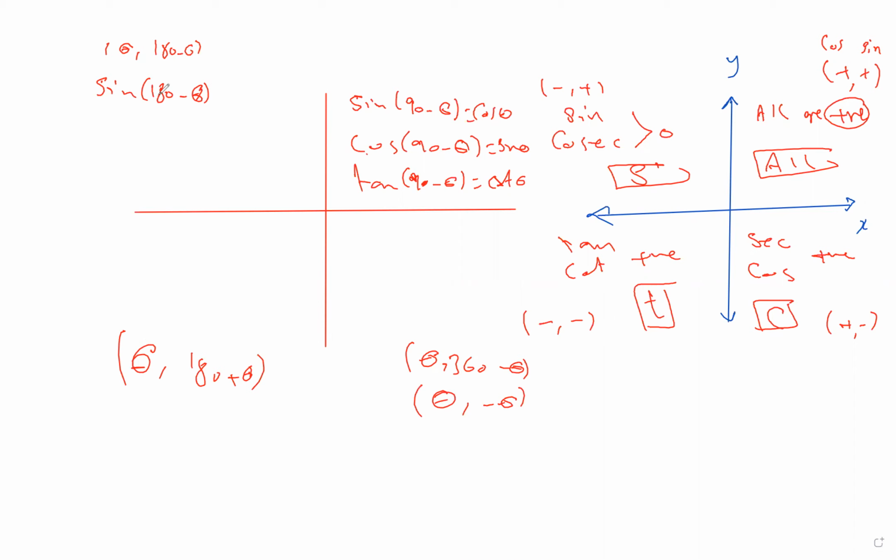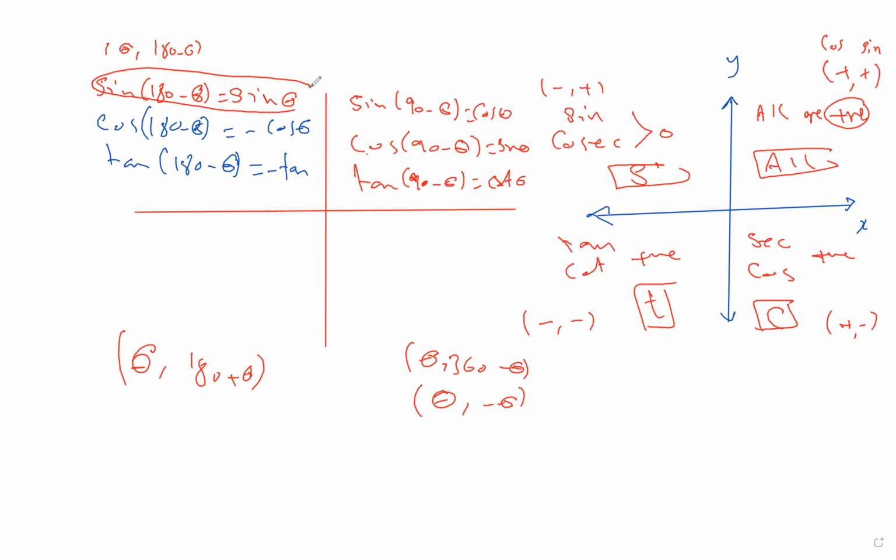The same. Sine 180 minus theta equals sine theta. And cosine 180 minus theta equals negative cosine theta. And tan 180 minus theta equals negative tan theta. So only the sine here keeps its sign.